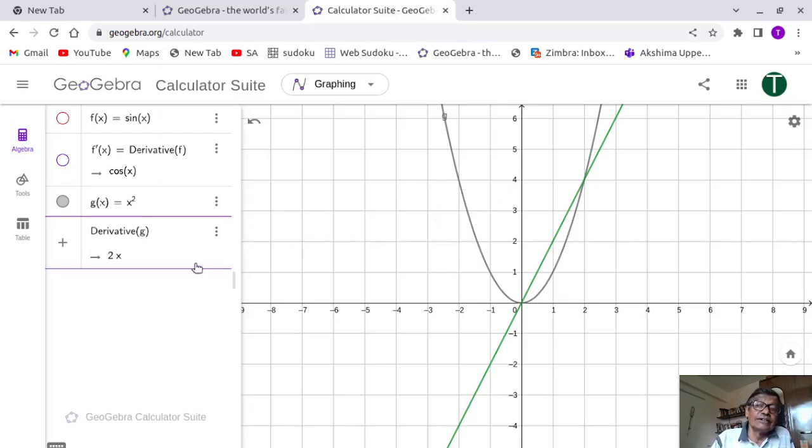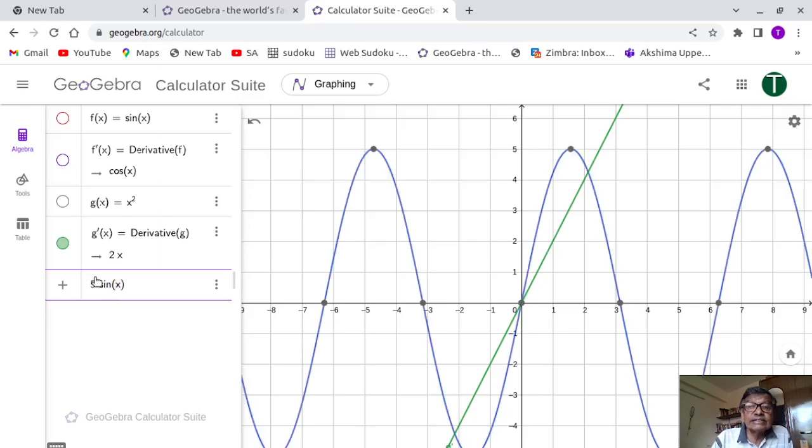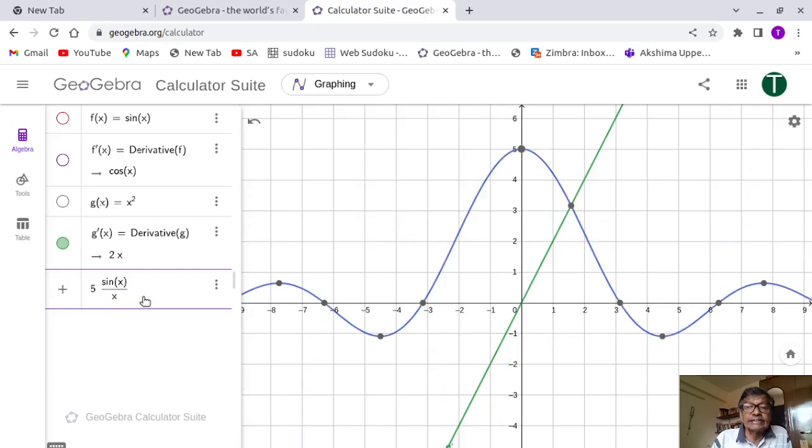Let us take another complicated function. Let me hide these two, and the function, as I was telling you, say 5 sine x divided by x.